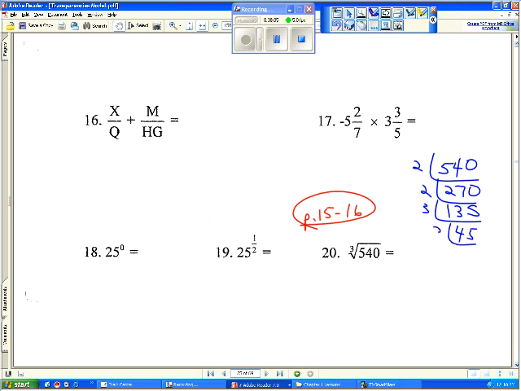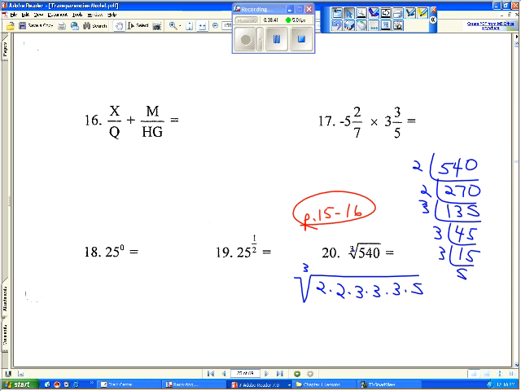That's divisible by 3, 15, divisible by 3, 5. We got a prime answer, and so we stopped. Then we write it out as the product of its primes under the radical sign, not forgetting our index 3. So we have 2 times 2 times 3 times 3 times 3 times 5. There's all of our prime factors. What's a factor? It's what you use to multiply to get something.